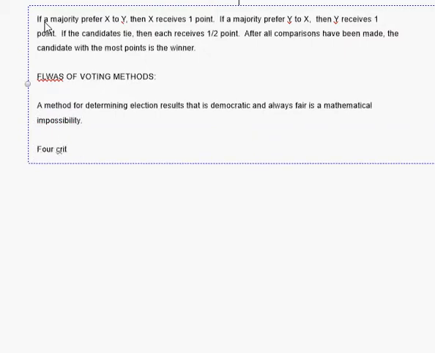There are four criteria that mathematicians and political scientists have agreed a fair voting system should meet.